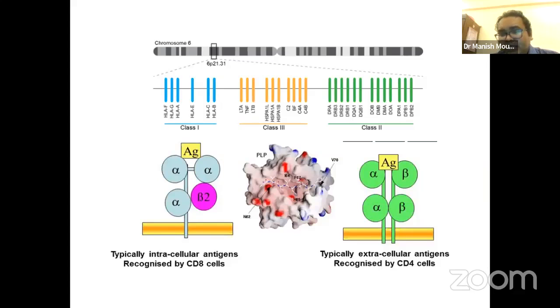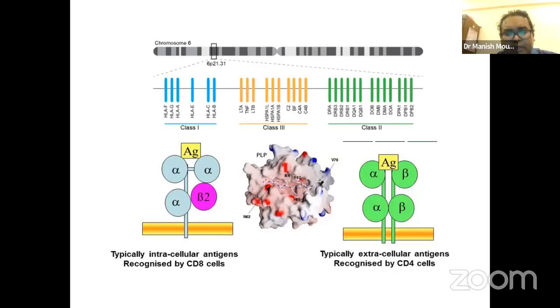Tolerance and rejection are the two things we have to manage to create a graft in any kind of transplant, even bone marrow, solid organ, lung, or tissue.